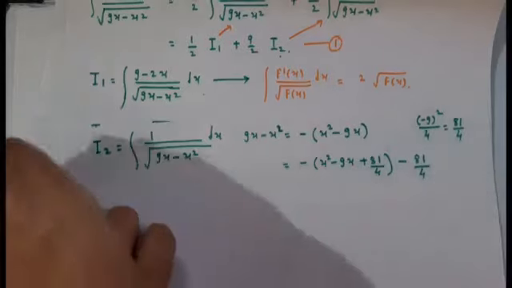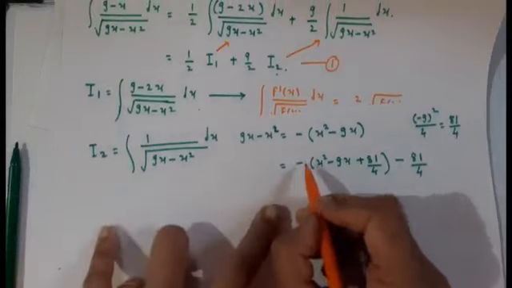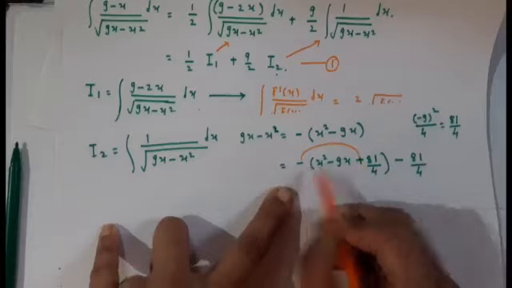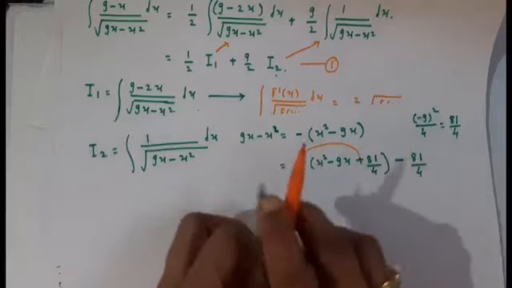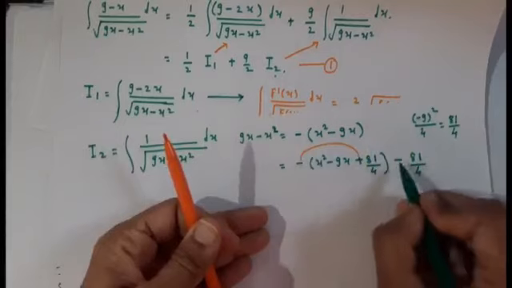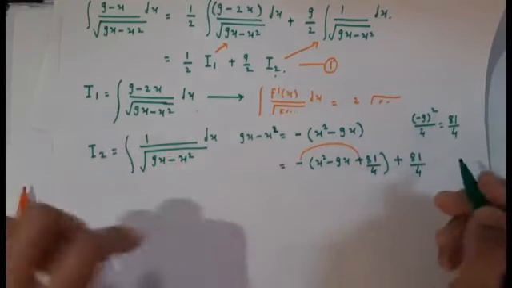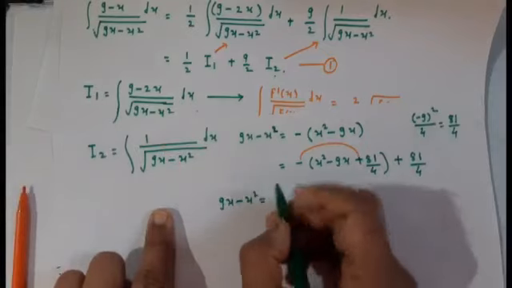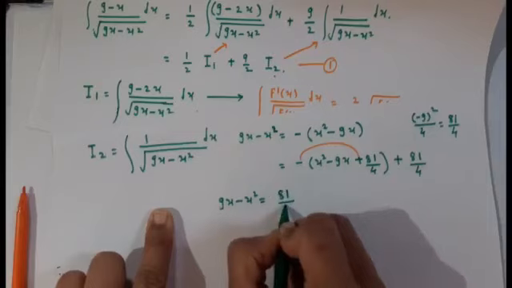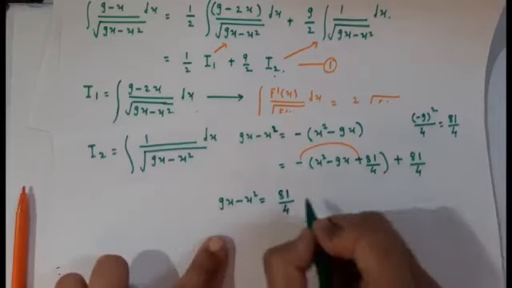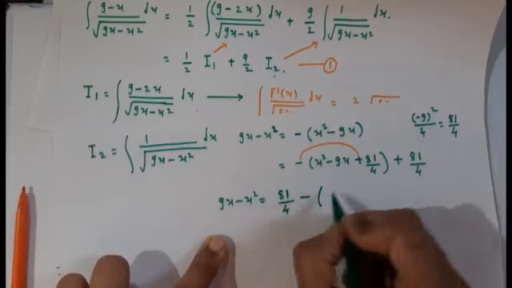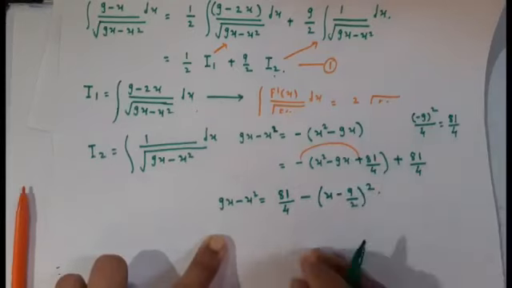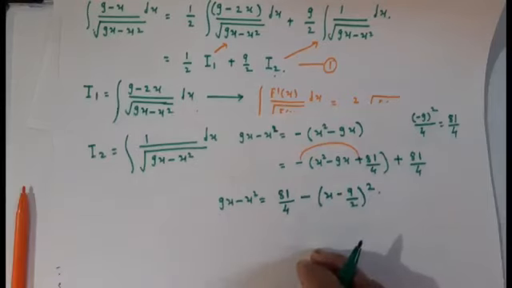But see students, because of the negative sign outside the bracket, here we have adjusted minus 81 by 4, plus minus minus. That's why minus 81 by 4 here and plus 81 by 4 here. And that's why this 9x minus x square is equal to 81 by 4 minus the square of x minus 9 by 2 whole square.